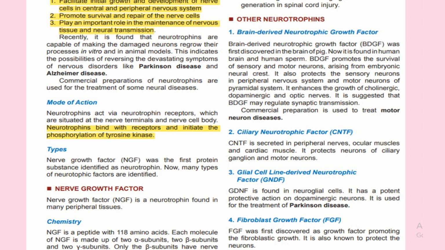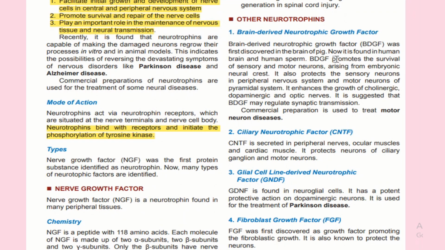BDNF promotes the survival of sensory and motor neurons arising from the embryonic neural crest. It protects the sensory neurons in the PNS and motor neurons of the pyramidal system. It enhances the growth of cholinergic and dopaminergic neurons and the optic nerve. It is suggested that BDNF may regulate synaptic transmission. Commercial preparation is used to treat motor neuron disease.